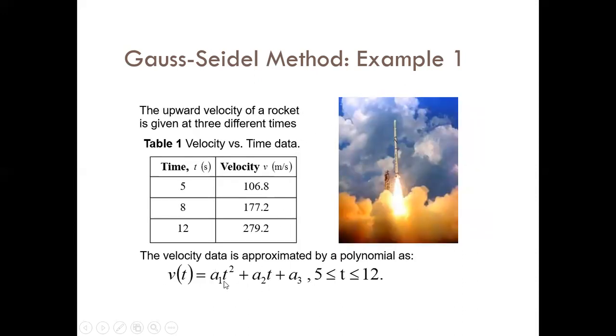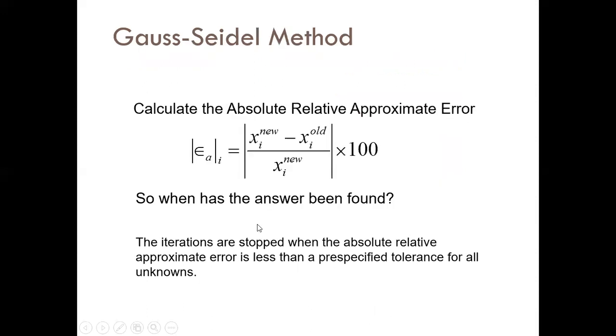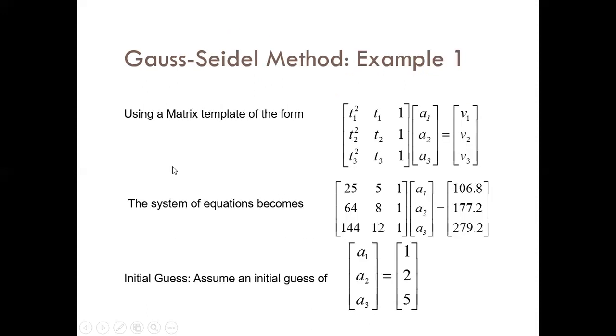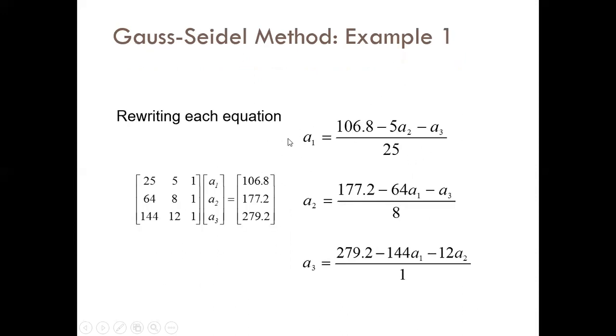Suppose the first equation, for the value of 5, is 25A1 plus 5A2 plus A3 is equal to 106.8. Then A1 is equal to 106.8 minus 5A2 minus A3 divided by 25. This will be easy for making the equations of A1, A2 and A3.